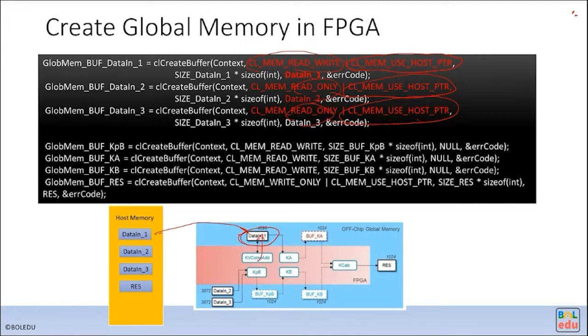The other buffers are only local to the global memory, and each of those has a read-write attribute. Then the result buffer is write only for the kernel, and we also share it with the host memory data buffers. So right now you know the attribute and usage for each data buffer.